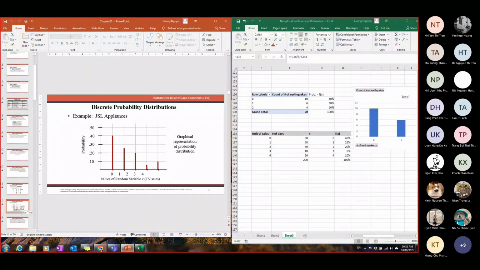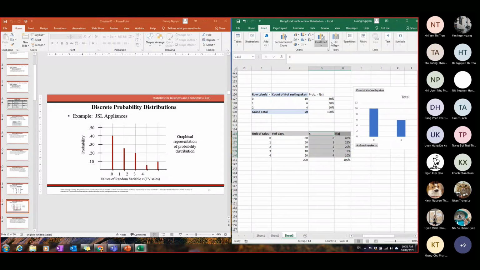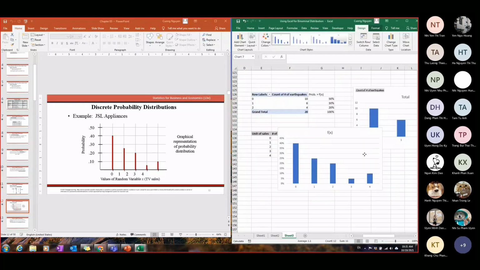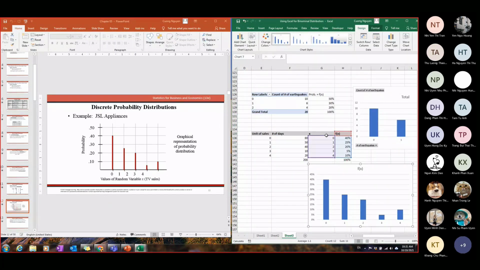Okay. And in the same way, if you really want to generate a graph like that, of course you can do it. I recommend generating just this graph, okay, from 0 to 4.